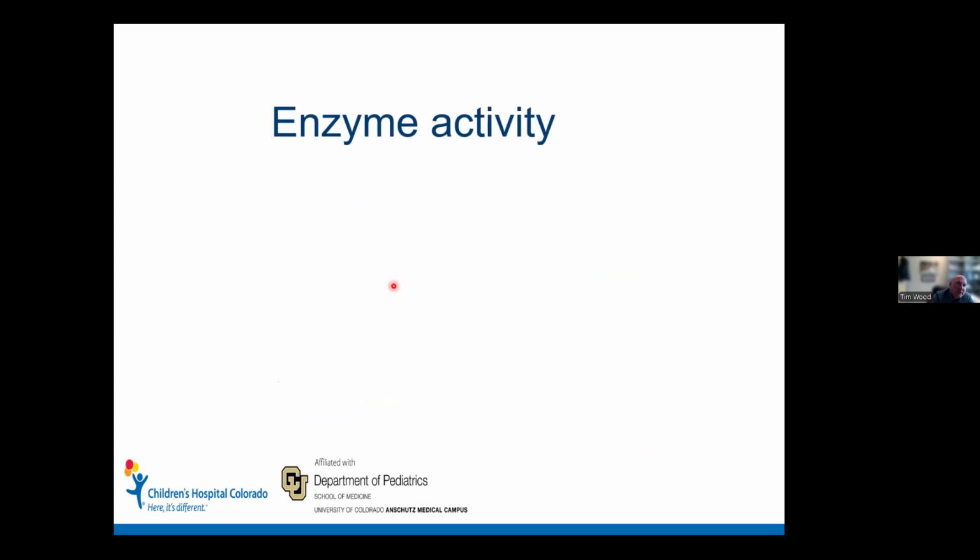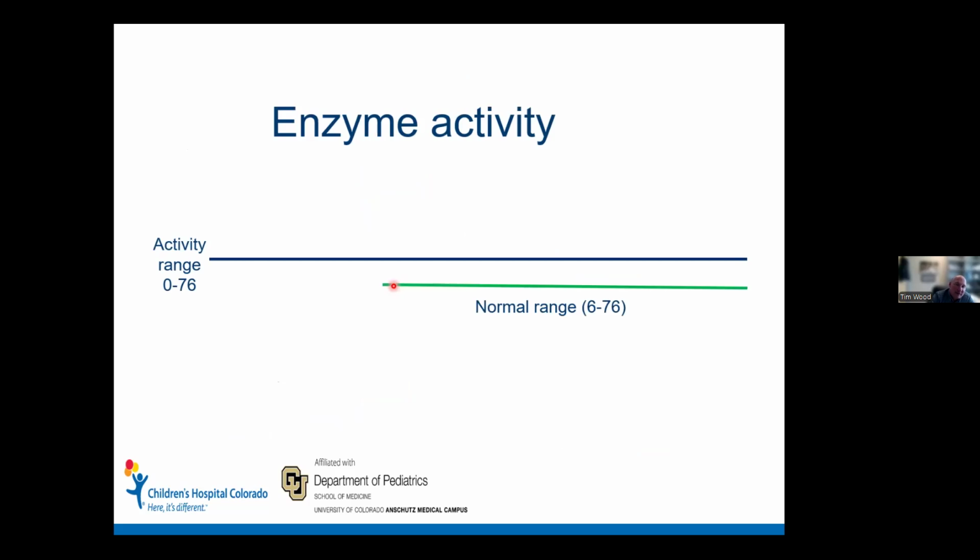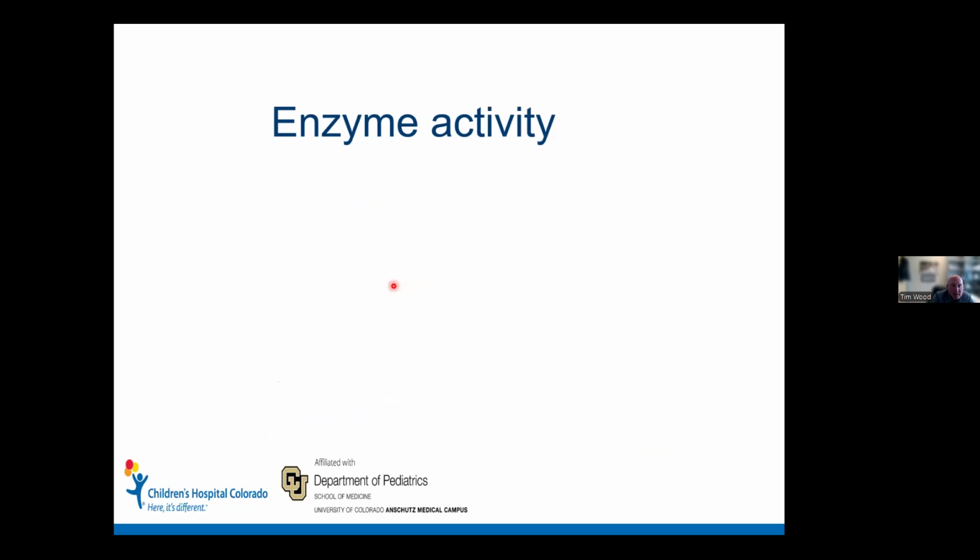So when we do these enzyme activities like we do for analytes, we get a range of activity, and we want to always define what the normal range is. And what we hope is that that's very different from the affected range. And what we're finding, though, as we get into this, and especially with next generation sequencing, as we identify more carriers, we identify more of what I would call hypomorphic alleles.